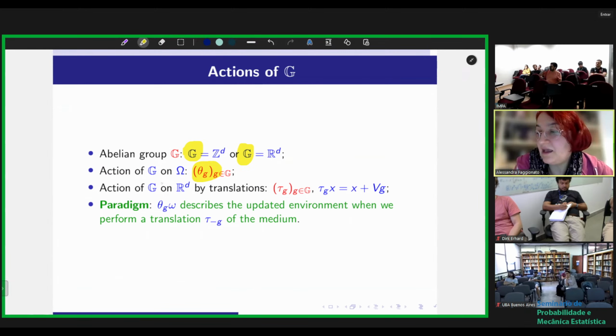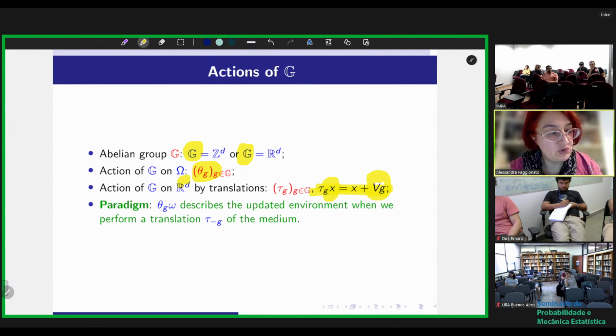On the other hand, I have the action of G by translation, and as before, I consider translations of this form: tau_g is the translation sending the point x to x plus Vg, where V is a fixed invertible matrix. The paradigm that I want to formalize is the following. theta_g of omega describes the updated environment when we perform a translation tau_{-g} of the medium.